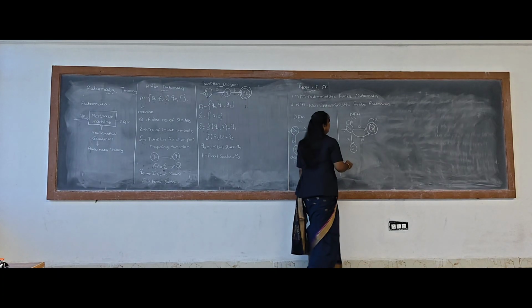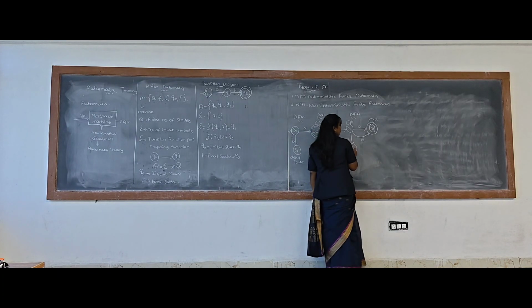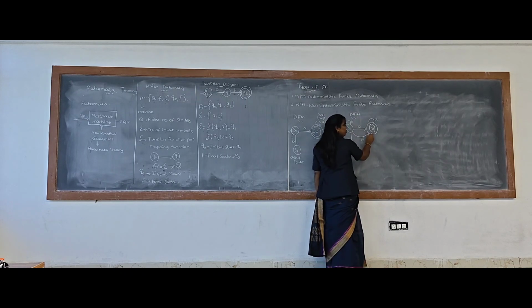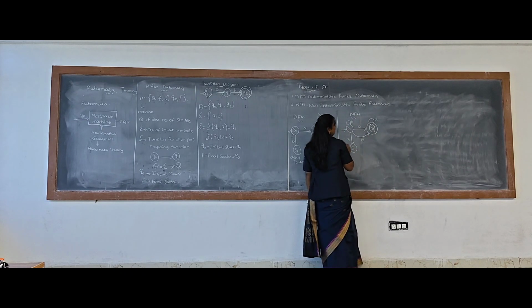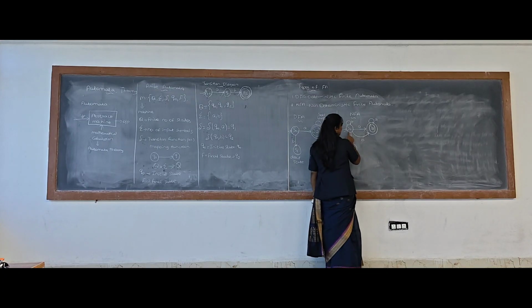In NFA, here also we have the initial state S0 and the final state S2. By using the input symbol A, we have the transition from S0 to S2.